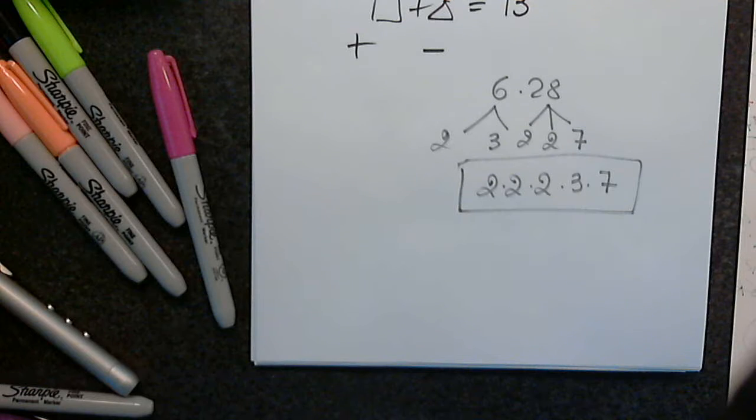Okay, 8 times 21. What's the difference between 8 and 21? Okay, let's say we don't know that. So one option would be 4 times 42. 6 times 4, 7, 42. 4 and 42, no, the difference is not 13.